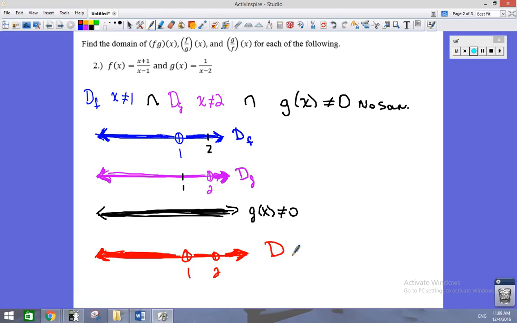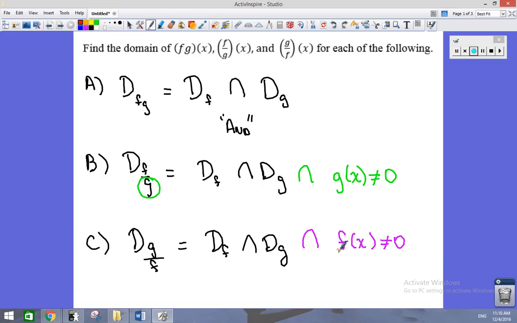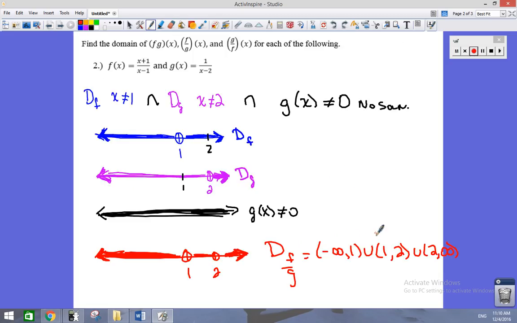So the domain of f over g is the same domain that we had for f times g: negative infinity to 1, or 1 to 2, or 2 to infinity. That's the same answer that we had for part A.